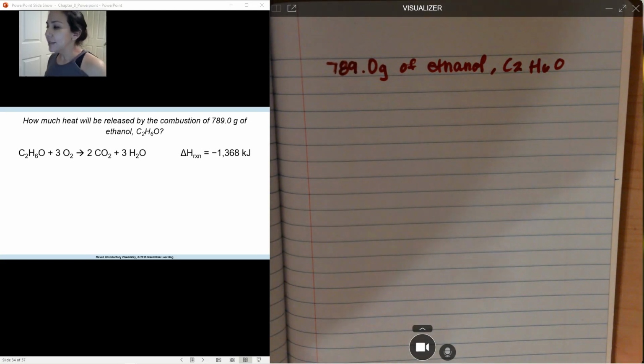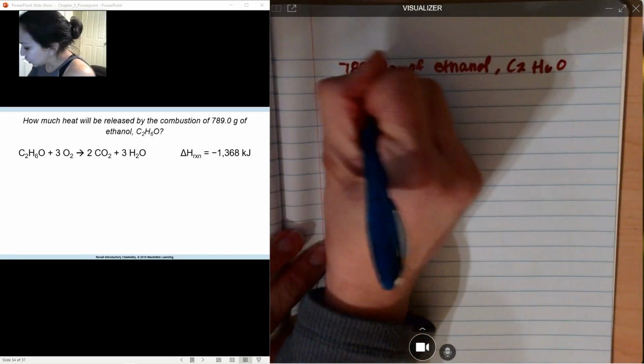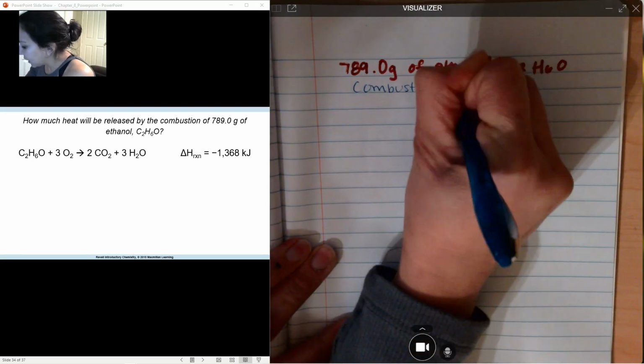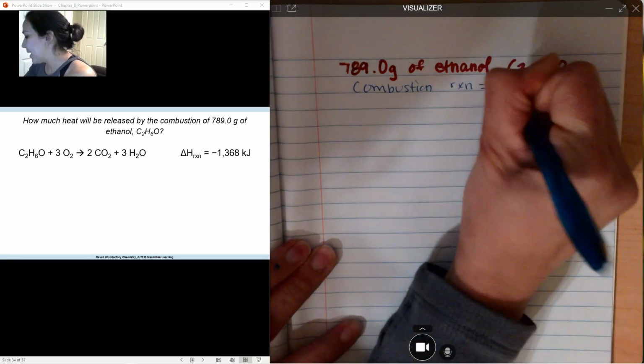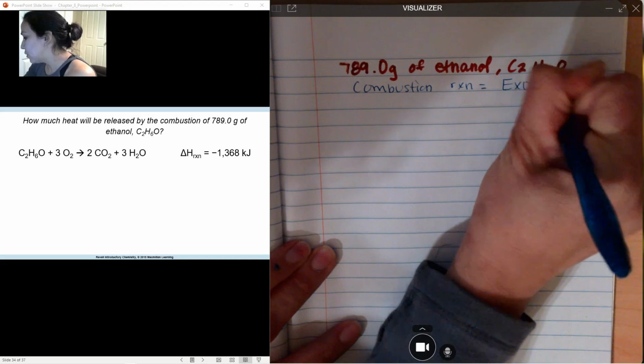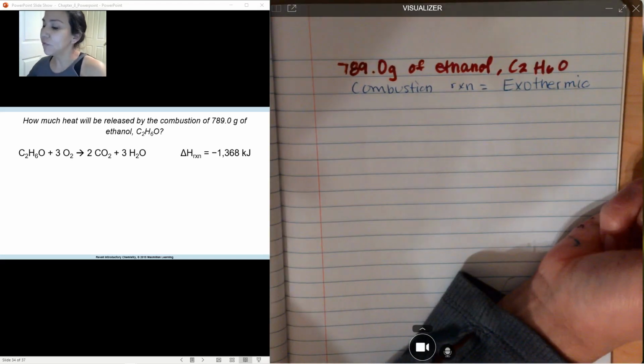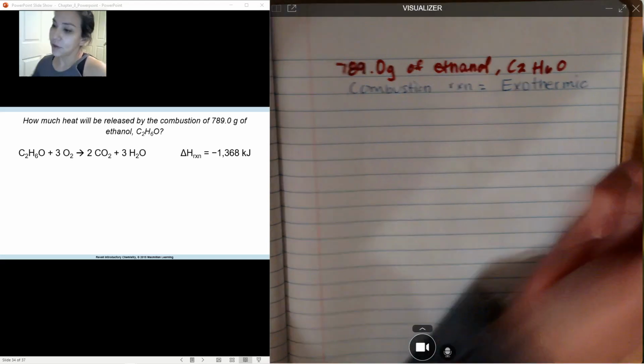It gave us the mass of ethanol, and it told us that it's a combustion reaction. So combustion reaction equals exothermic. It's going to release heat, and therefore our delta H is negative.